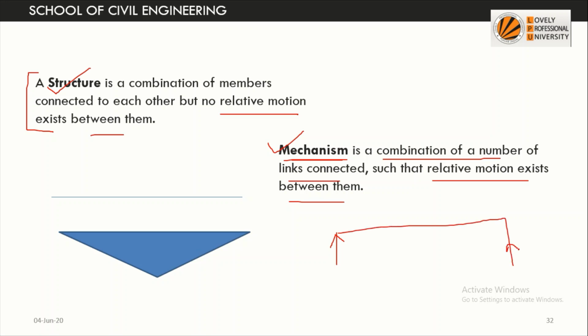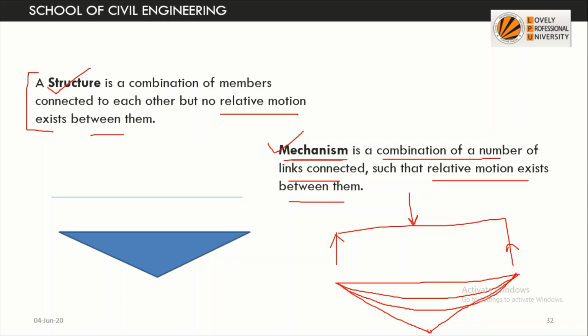This is our simply supported beam subjected to a point load, and this is the first deflected shape. It is curved, so we say that it is elastic. On further increasing the load the deformation will change like this, and finally the deformation will be like this. At this point we can say that the mechanism is formed. Now this is a plastic deformation, it will not come back to the original position, and it cannot resist any further movement.